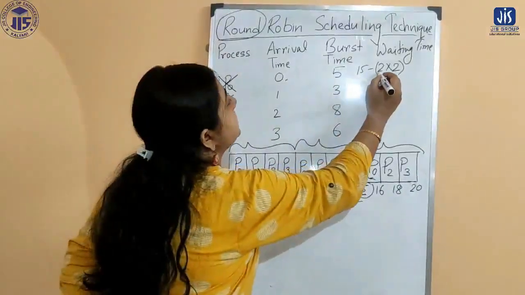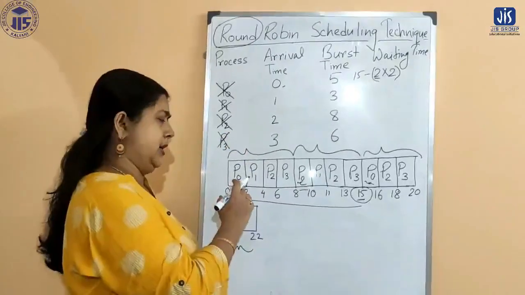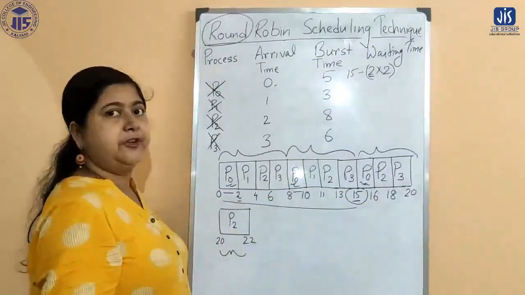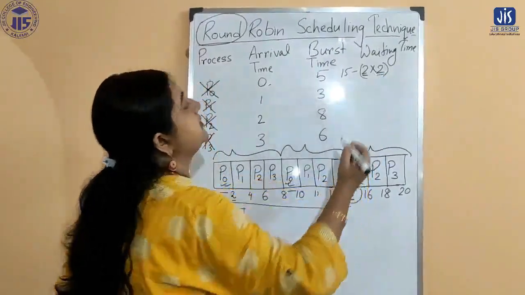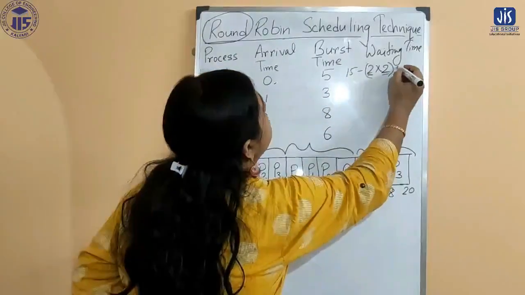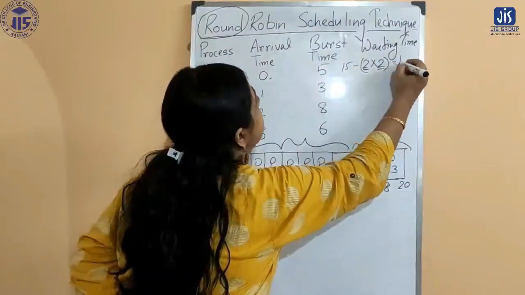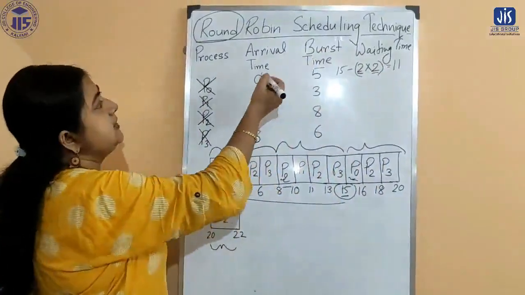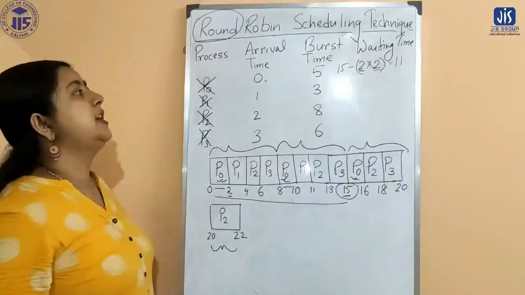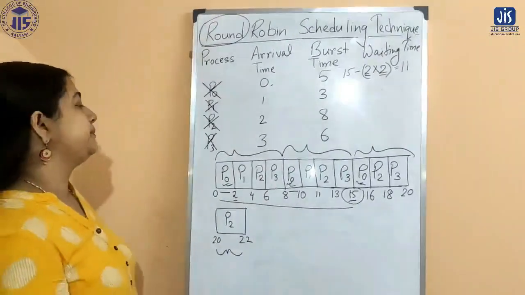So 2 is the number of times P0 was executed before this 15 unit of time, and the time slice value is also 2. So it is 2 into 2, 4. So 15 minus 4, the waiting time of P0 is 11. Obviously the arrival time is going to be subtracted. For P0 the arrival time is 0, so it is basically 11 minus 0, 11.